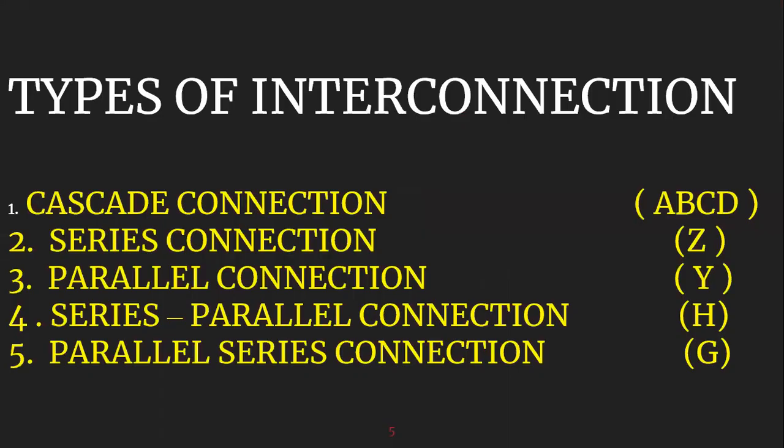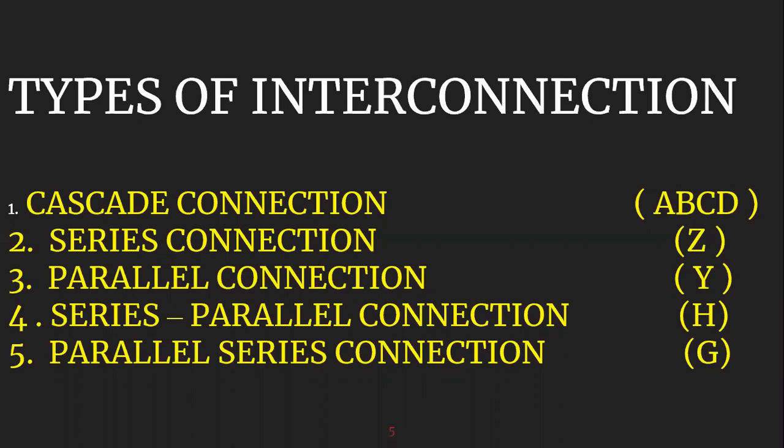In the interconnection of two-port networks, depending upon the connection, the types are classified. One is the cascaded connection. The cascaded connection is similar to the ABCD parameters, because when we simplify the mathematical expression, you will come to know that the expression we get is in the form of ABCD.